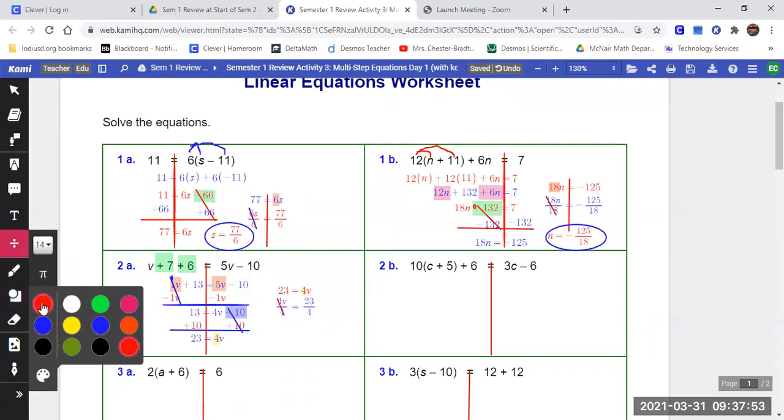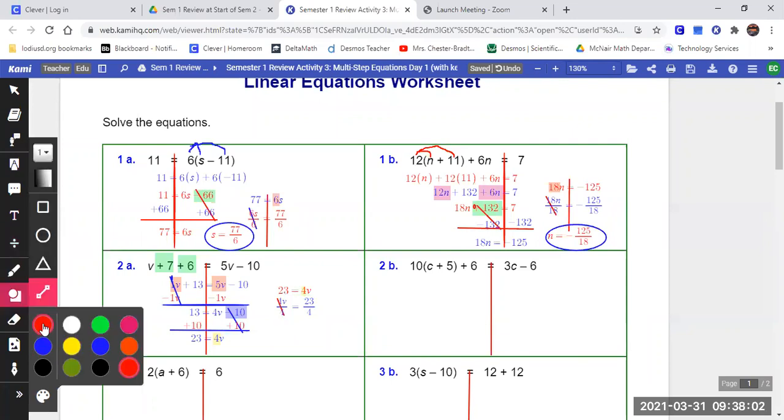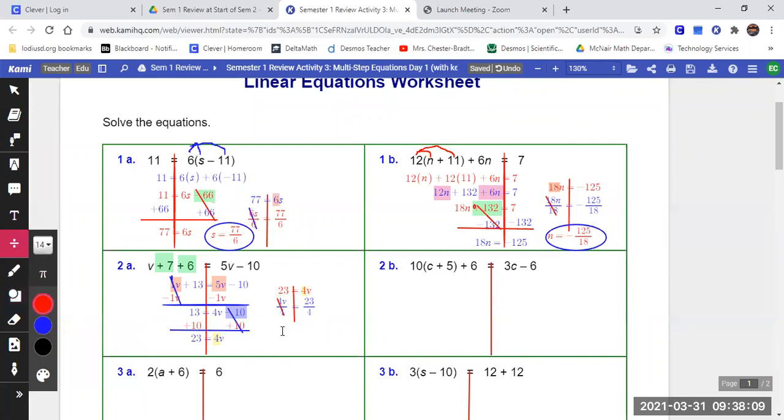Okay, so once we big 1 that 4 out of there, what is left on the left-hand side? If we big 1 that, we have a v left. And then that's going to equal the 23 over 4 because it can't simplify.